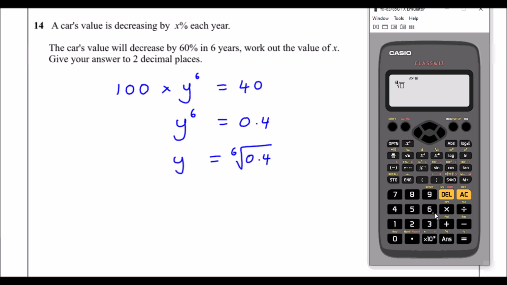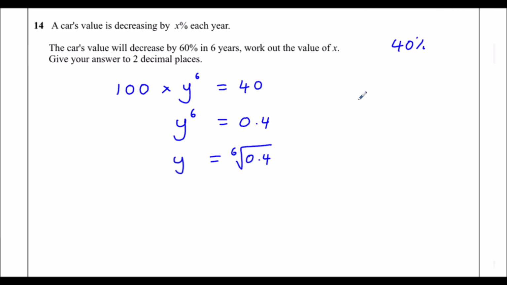So we're going to put the 6 above the root and 0.4 inside the root, and we get 0.85837 and so on. So our multiplier is 0.85837. That's not our percentage that we were decreasing by.